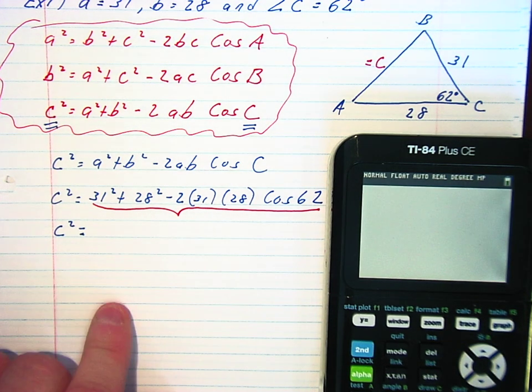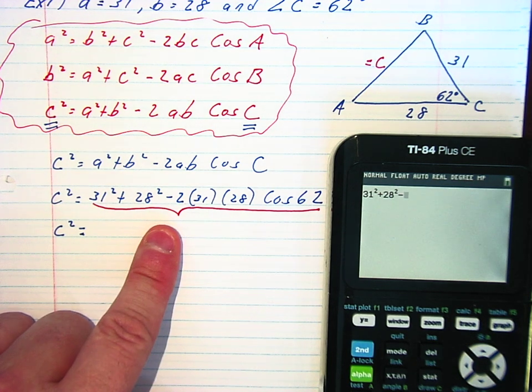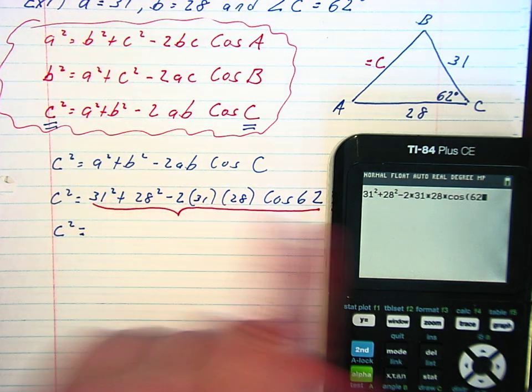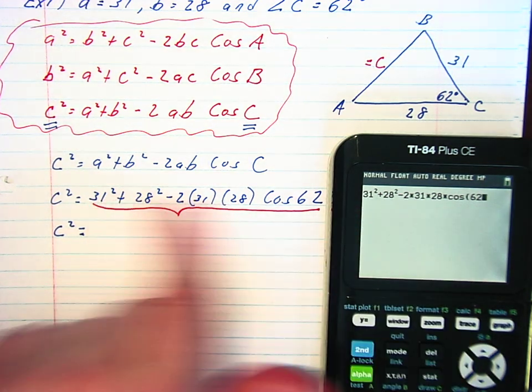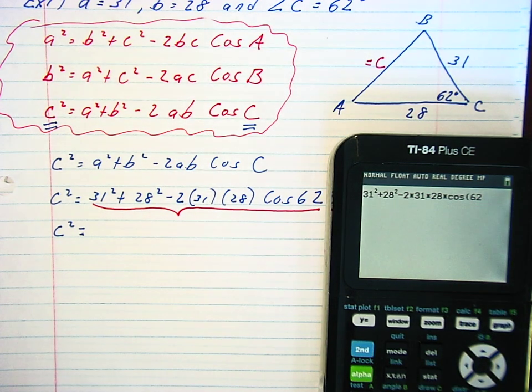So here we go: 31 squared plus 28 squared minus 2 times 31 times 28 times the cosine of 62. Literally that entire line is right here, written exactly the same way. If you want to use parentheses instead of putting times, it'll be the same thing.